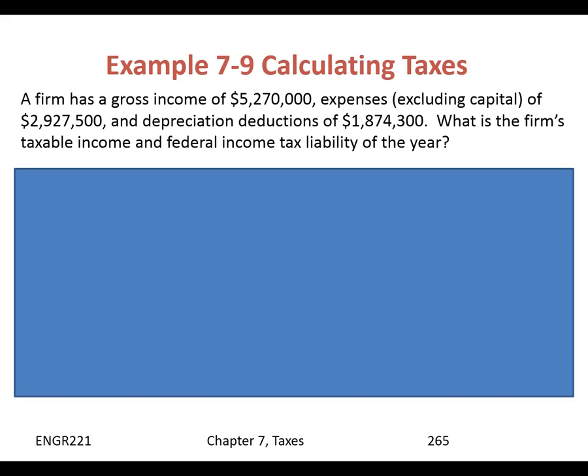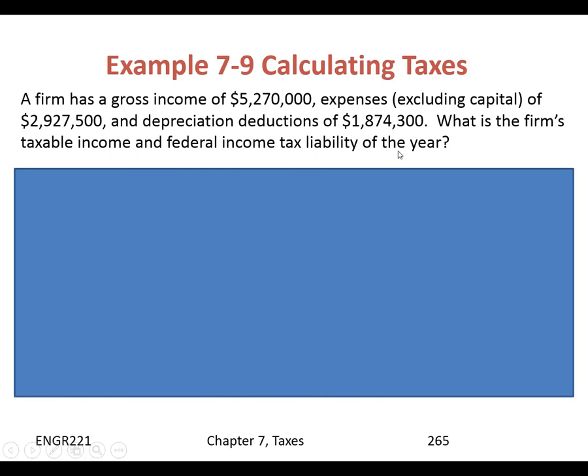In this example, to calculate their taxable income, you start off with their gross income, subtract the expenses, and subtract the depreciation. So their taxable income is $468,200.